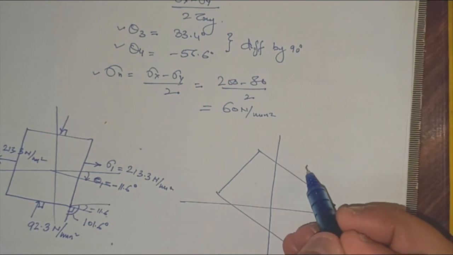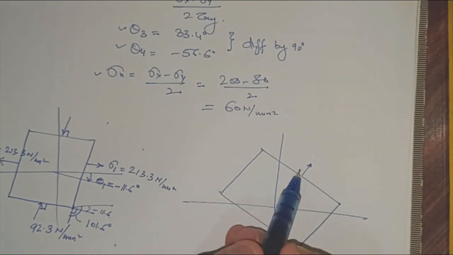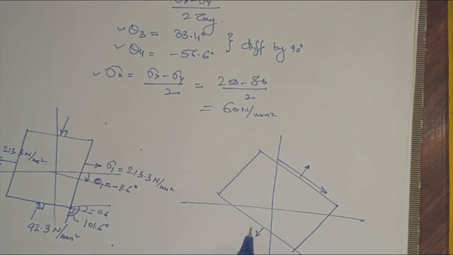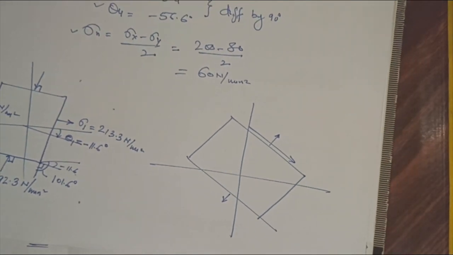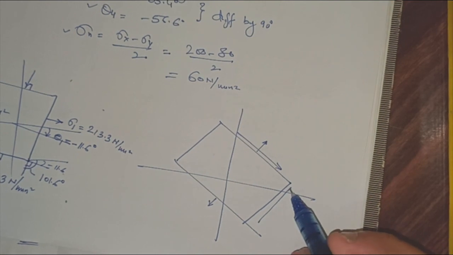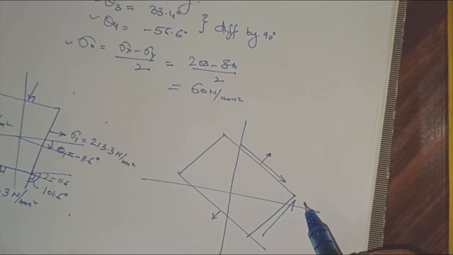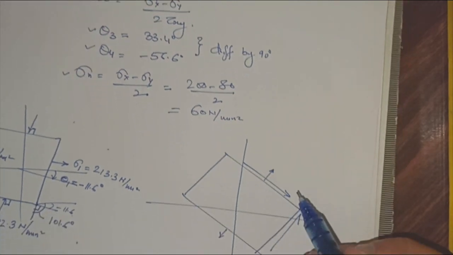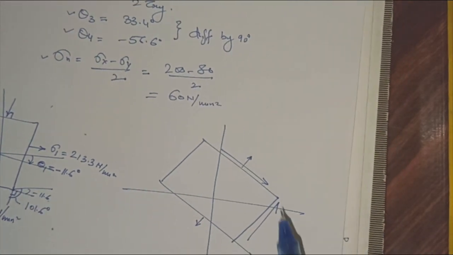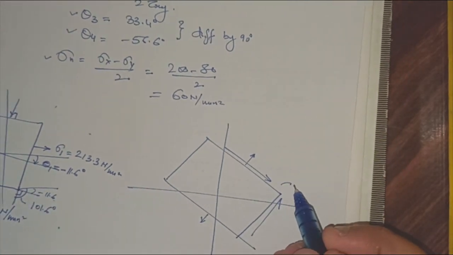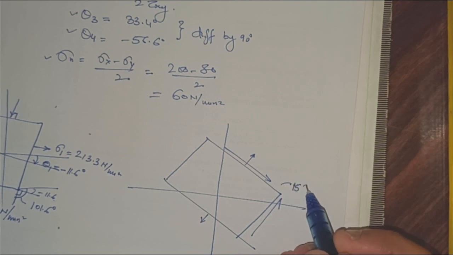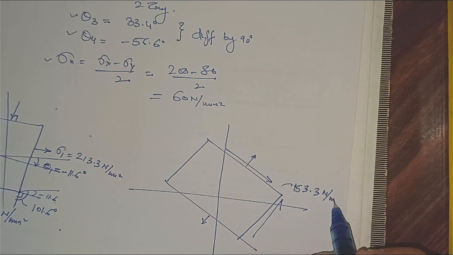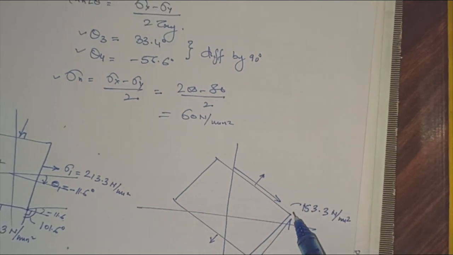There will be shear like this, and shear like this. What will be the values of this shear? Tau max is plus 153.3, and the other one is minus 153.3 Newton per mm square.